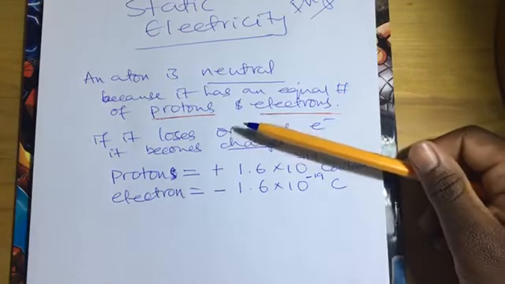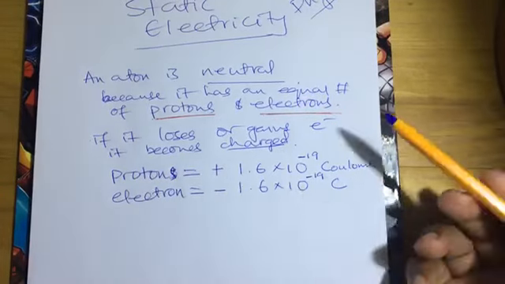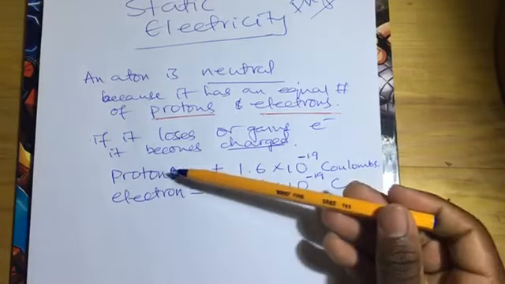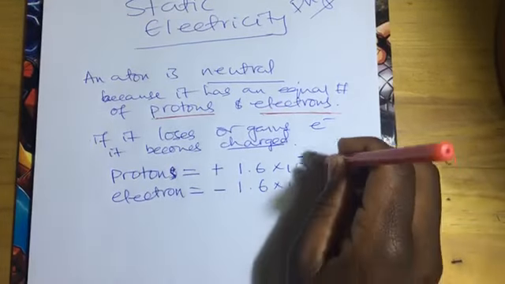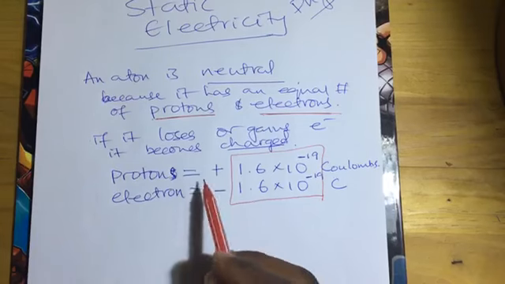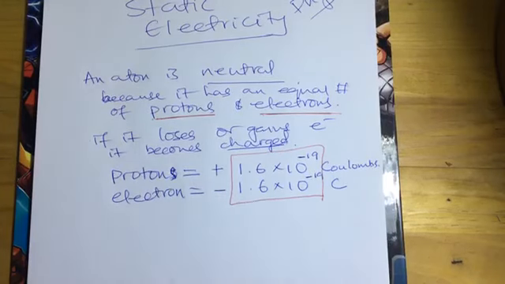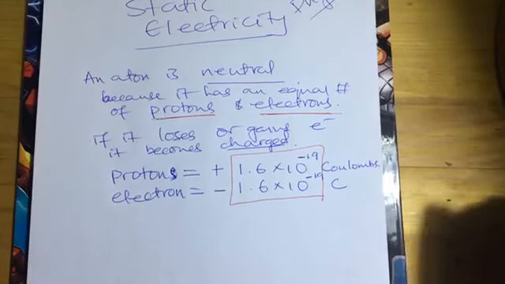If it loses electrons, it's going to be positively charged. And we said charge depends on what you are looking at. Are you looking at protons? Are you looking at electrons? The magnitude of charge is the same, but the sign is what differs. So you have to be careful in questions. Are they talking about protons or are they talking about electrons?